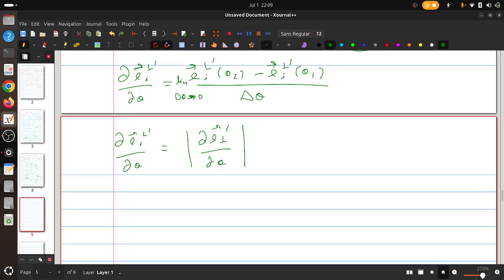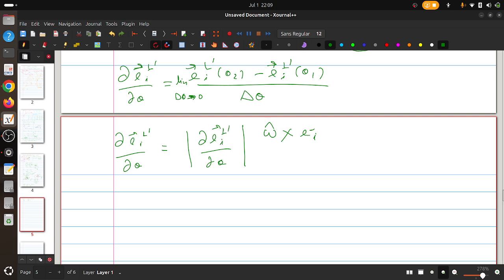So the direction should be something like omega cap, the unit vector along the omega vector, crossed with EI perpendicular prime cap. Here I just messed up with the notation.